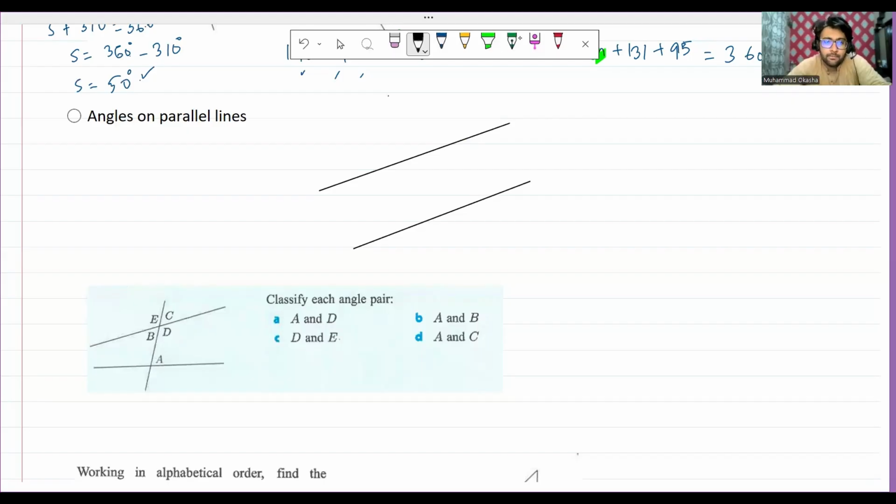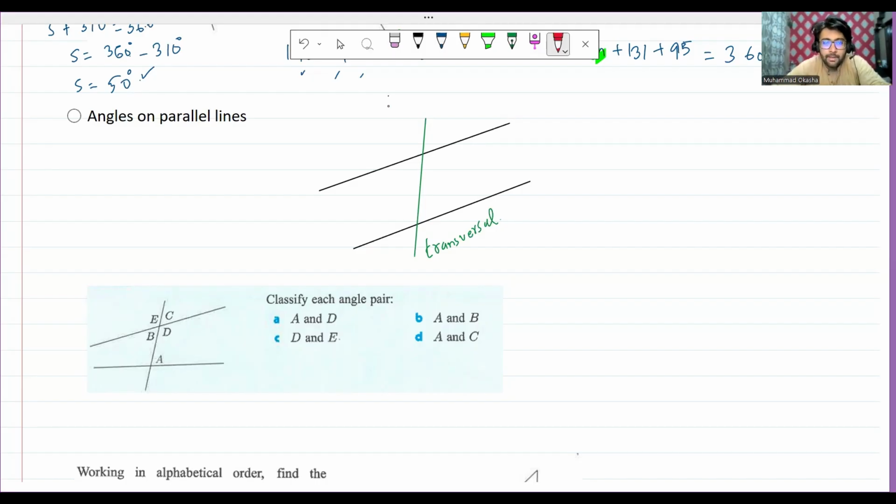Now, if I were to make a line that cuts through the parallel lines at a certain angle, this line is called a transversal. At this transversal, a bunch of angles are equal to each other.